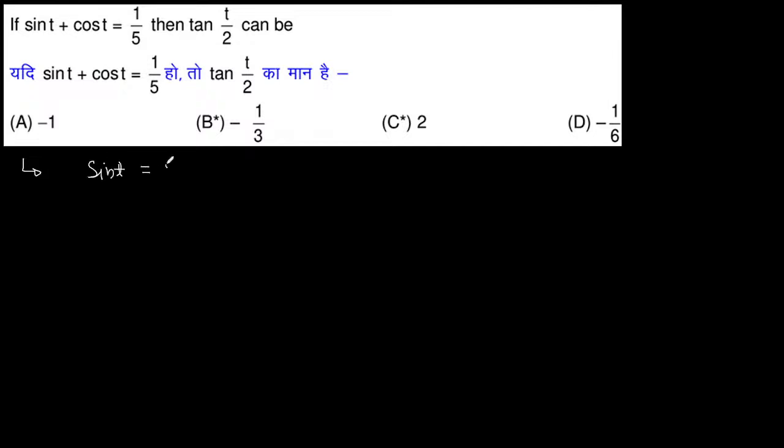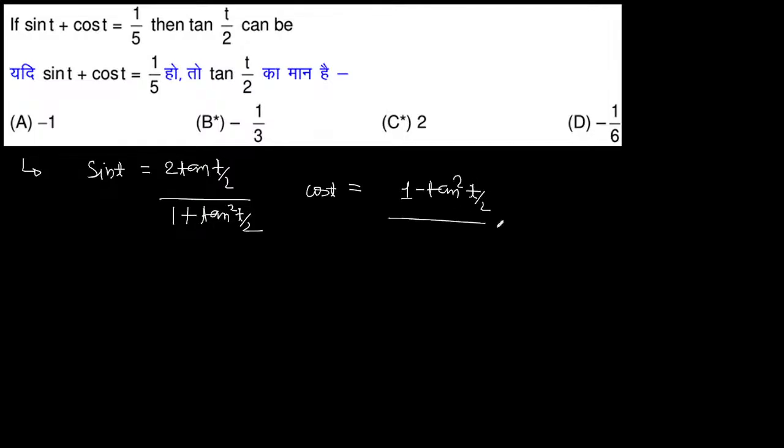Sin t is equal to 2 tan(t by 2) upon 1 plus tan square(t by 2), and cos t is nothing but 1 minus tan square(t by 2) divided by 1 plus tan square(t by 2).